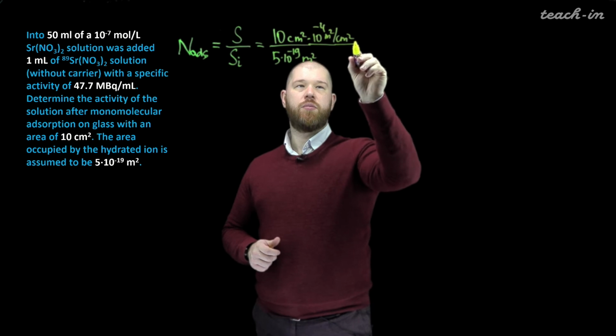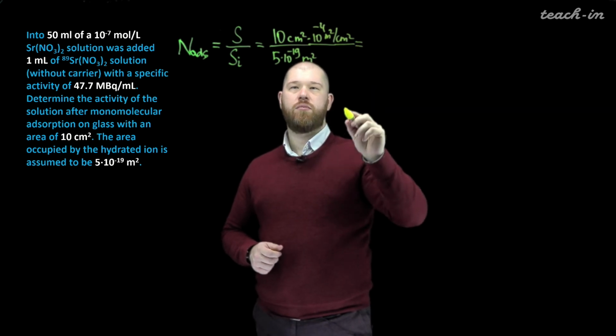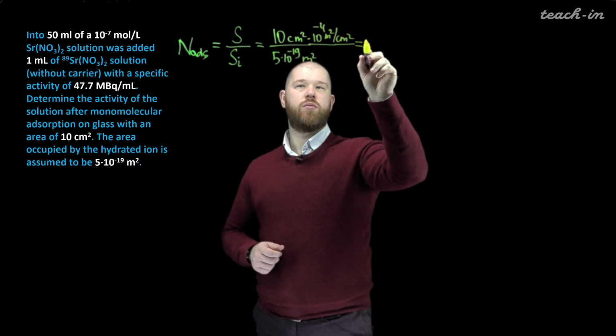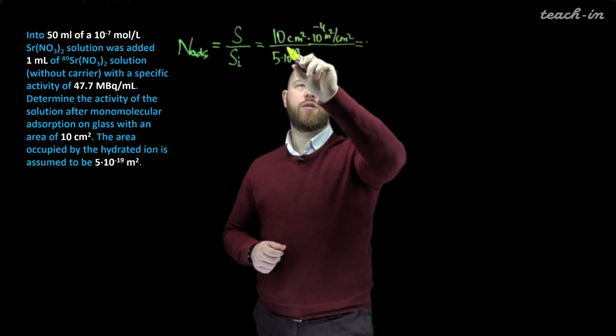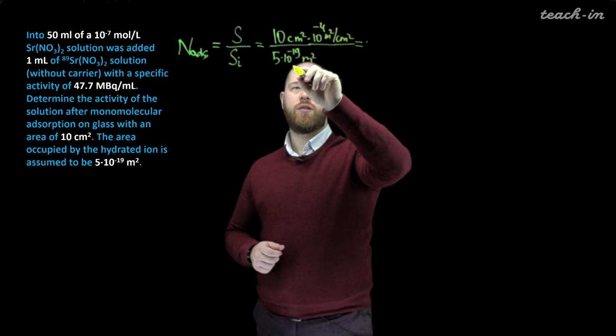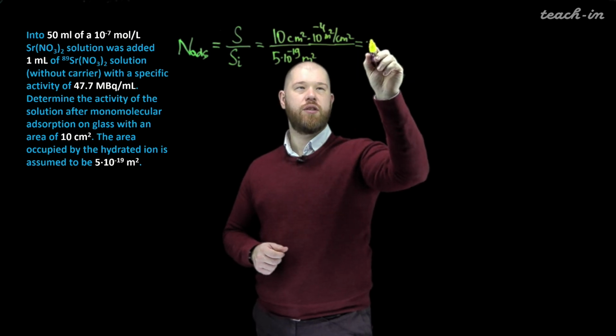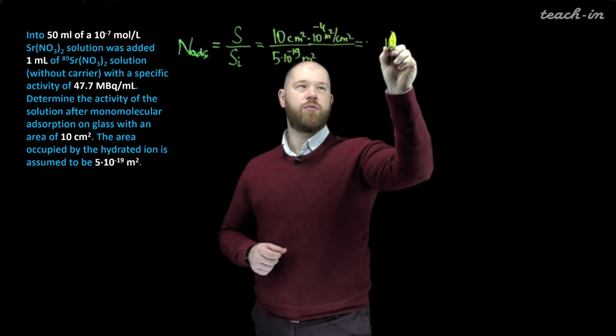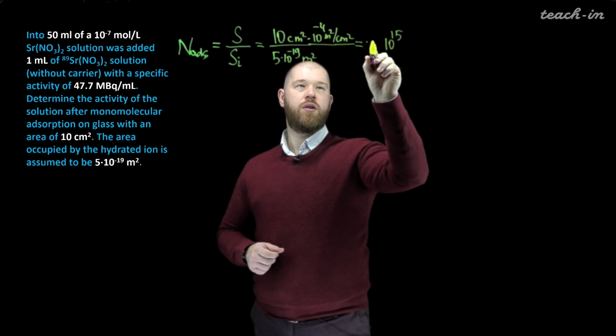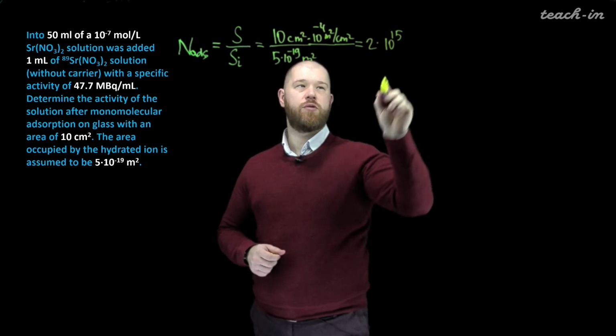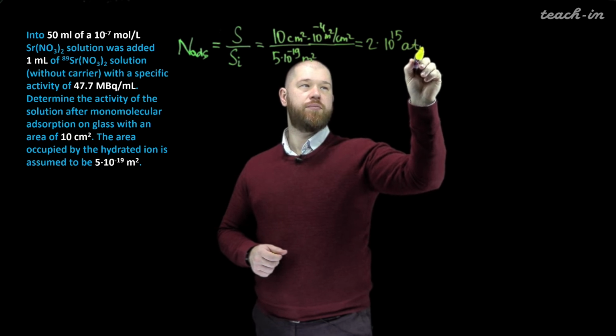So it will be 10 to minus 3 divided by 5 times 10 to minus 19, so 2 times 10 to 15 atoms.